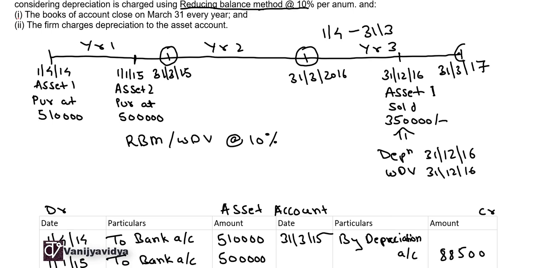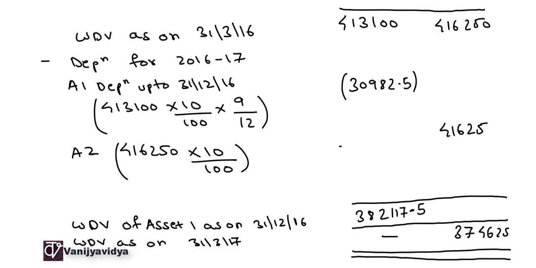Now we need to calculate the depreciation for the remaining asset as on 31st March 2017. As on 31st March 2017, only asset 2 is remaining. So whatever is the amount of depreciation for that asset for the year 16-17, we need to record the entry for that. Let's see the amount of depreciation. The amount of depreciation for asset 2 is 41,625. Let's record this in your asset account and depreciation account.